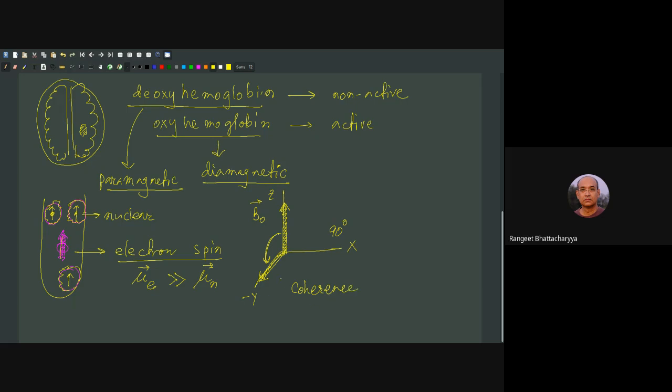This coherence, or the magnetization that is in the transverse plane, if you just let it be, I mentioned that it rotates very fast, goes in a spiral, and goes to zero. And if you are in the frame of omega naught, the rotating frame, then it does not rotate anymore.